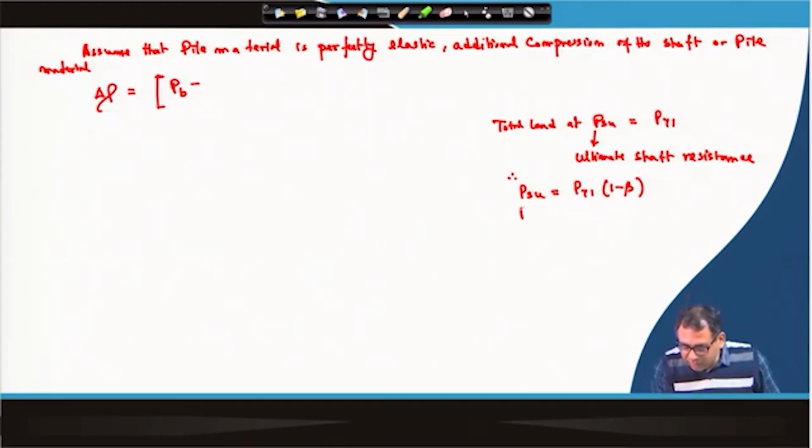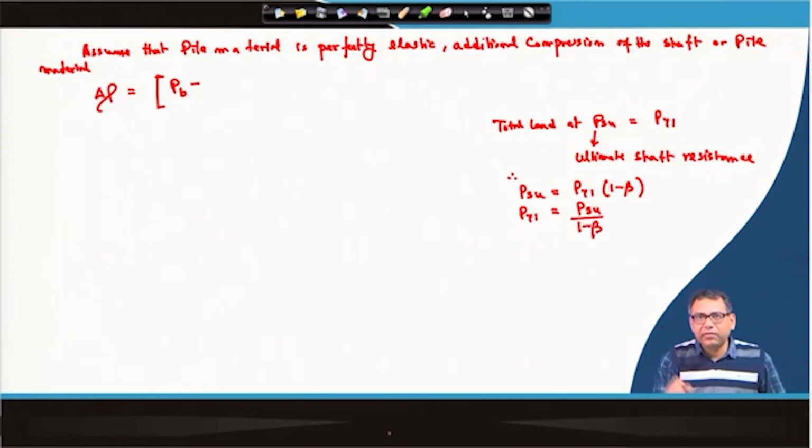So the total load P y 1 will be PSU divided by 1 minus beta. Of this total load, the beta portion is transferred to the base.